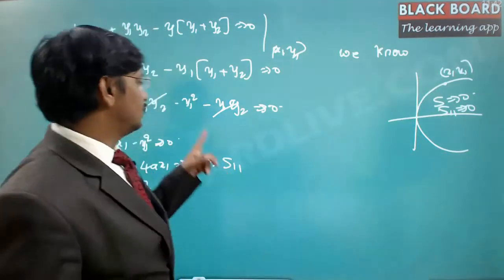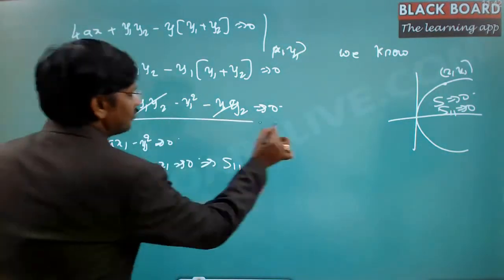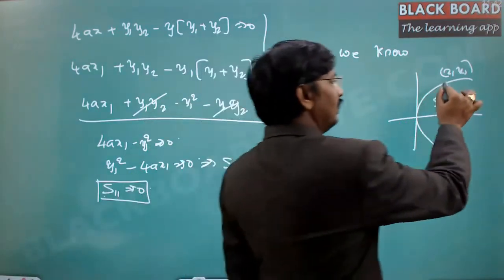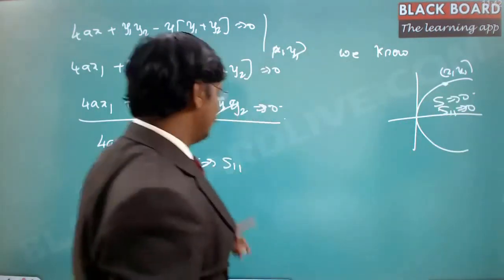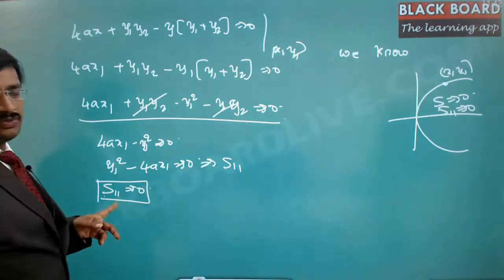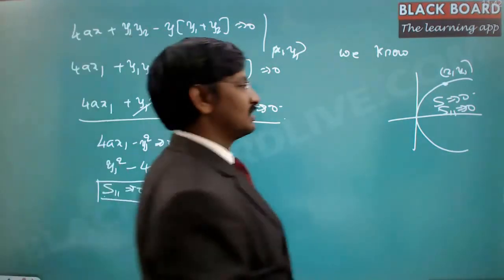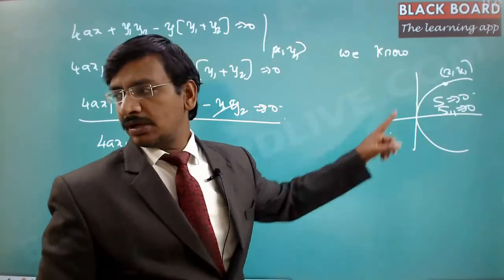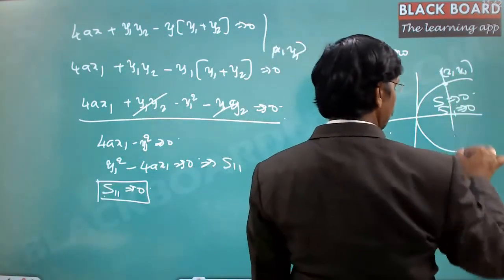And we substituted this point in the straight line, and it even satisfies S11 equal to 0, which means this point lies both on the straight line and on the curve. So this is how you can put it.